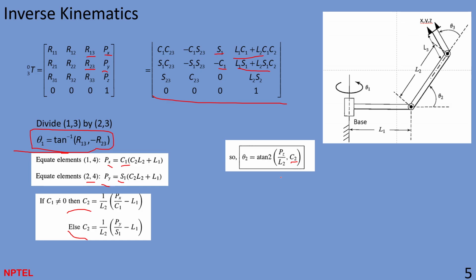So what they have done here is they know what pz is. They have calculated this, s2 is equal to pz by something, so you know s2 here, and you know c2.